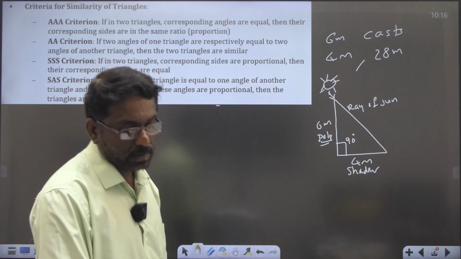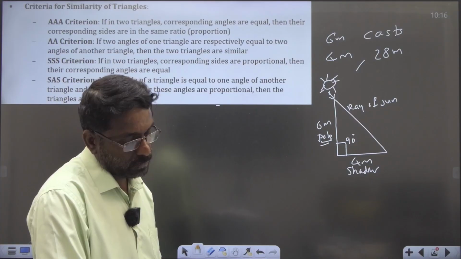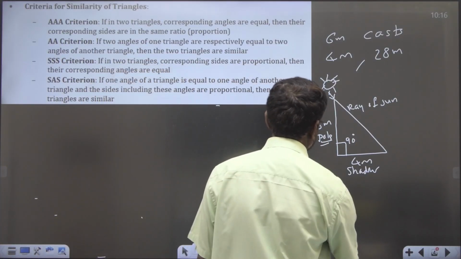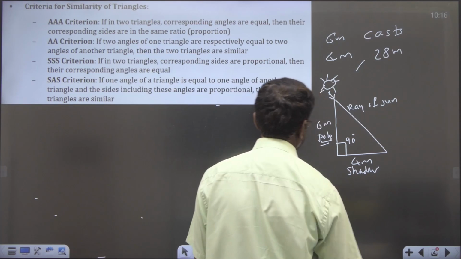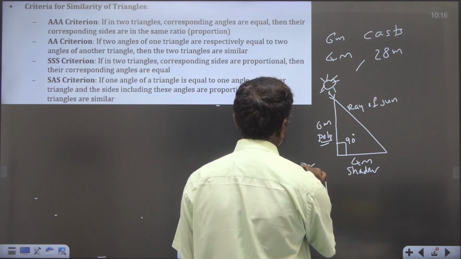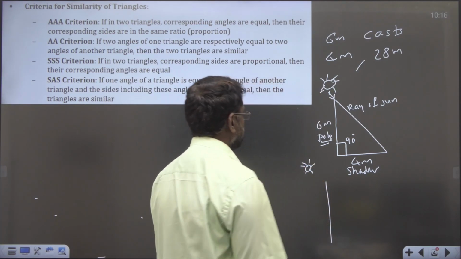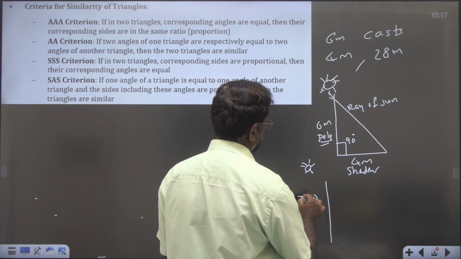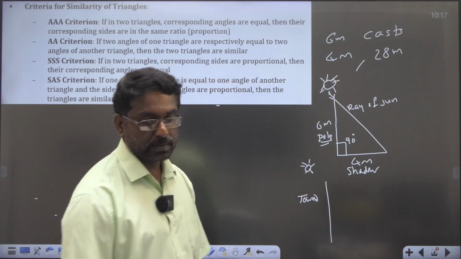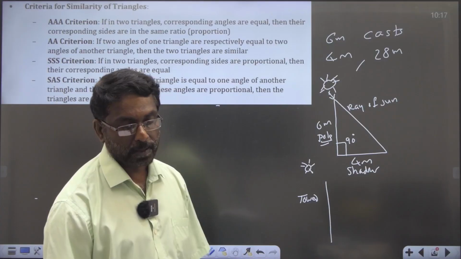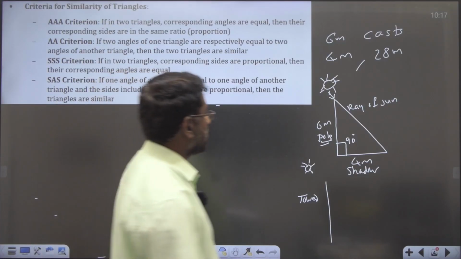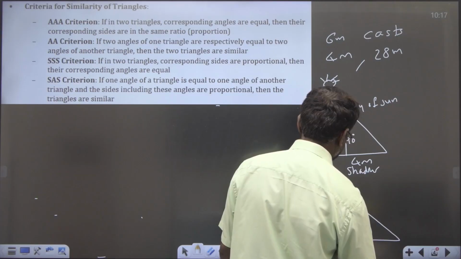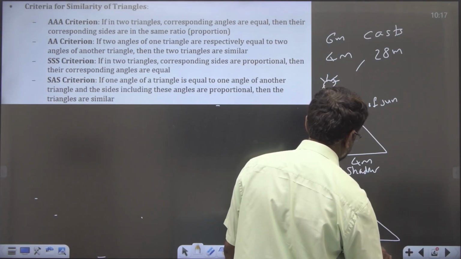And one more condition. Suppose this is the tower. Here again the sun is here. This is the tower as per the question, and the length of the shadow on this side is 28 meter.